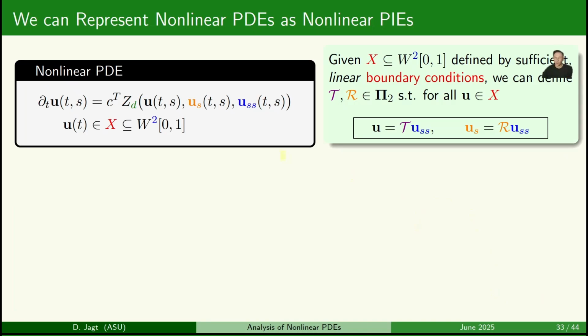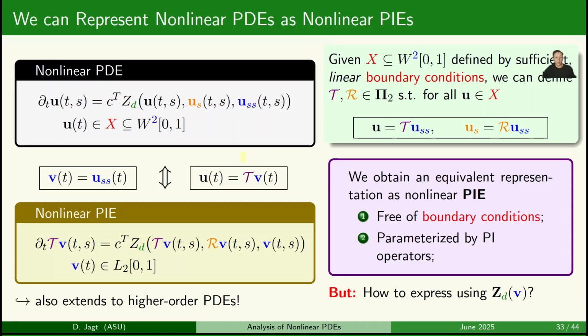So if we have now a nonlinear PDE defined as such a pointwise polynomial combination of the state and its spatial derivatives, where we assume that the set X here is defined by sufficient linear boundary conditions, then we can define these operators T and R to express u and its spatial derivative in terms of the second order spatial derivative.